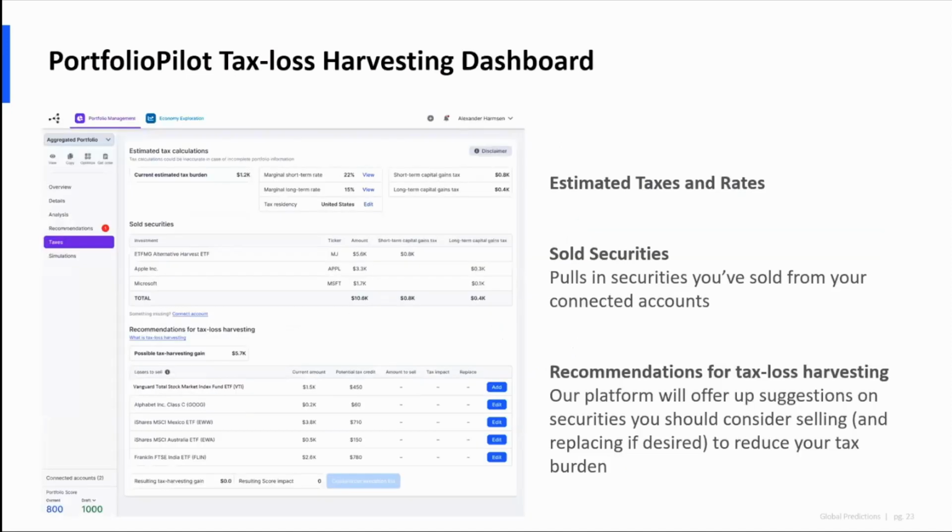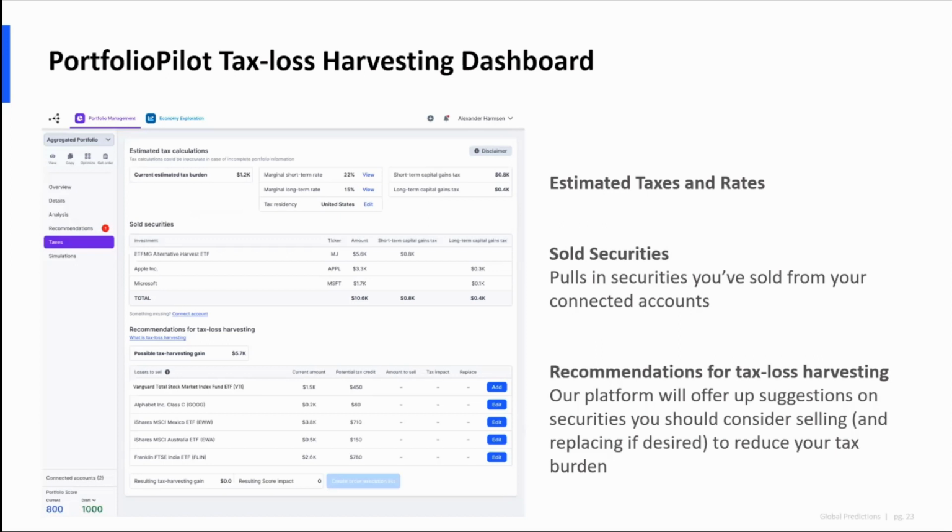So we've organized this into 3 sections. And just to go back a little bit, as everyone that's familiar with or has used PortfolioPilot can see, on the left side, we've added a new section called taxes. So if you click that, it takes you to this main screen. And again, we've separated this out into 3 sections. At the top, you're going to have estimated taxes and rates. The middle section is going to show your sold securities. So it's actually pulling in securities you've sold from any of the brokerage accounts that you've connected.